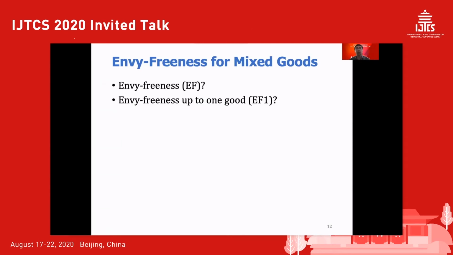So let's look at some candidates. First, it's not hard to see that envy-freeness up to one good, EF1, may not be a very good candidate in this mixed domain. Why? Because envy-freeness may not always exist if we only have indivisible resources, and EF1 doesn't always give us a fair solution, for example, if we only have one cake.